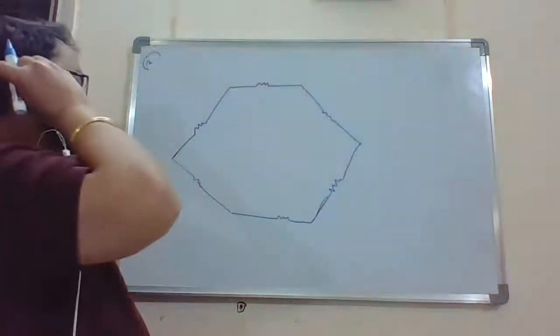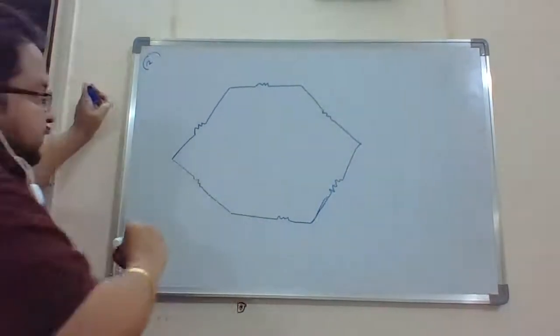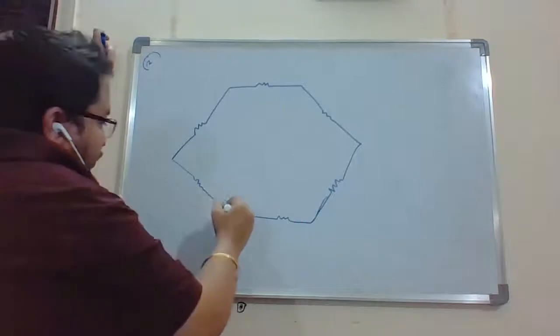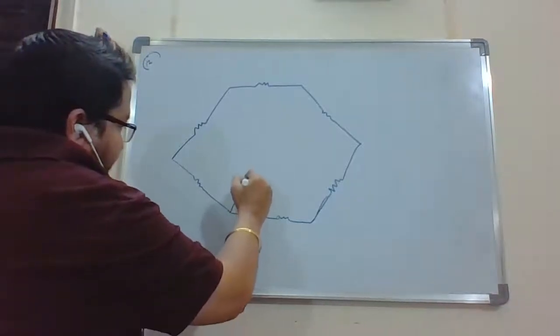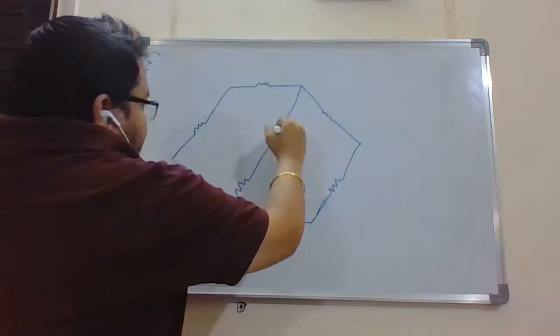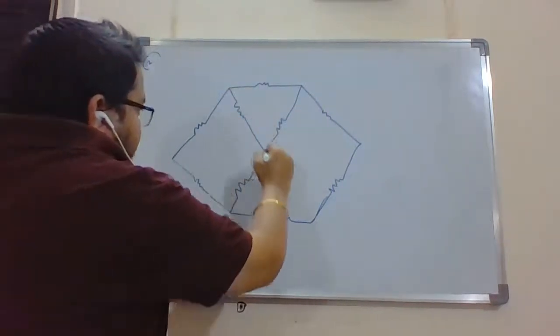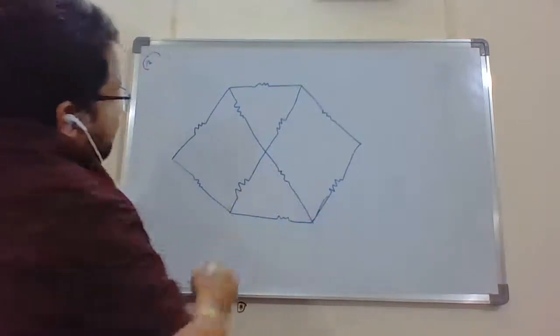Then let us join two of its diagonals. I'll use one more instead.